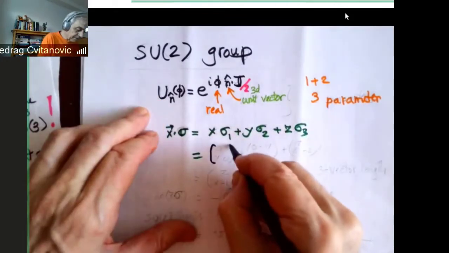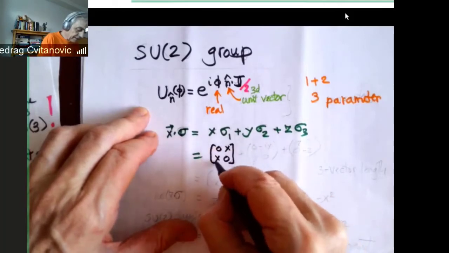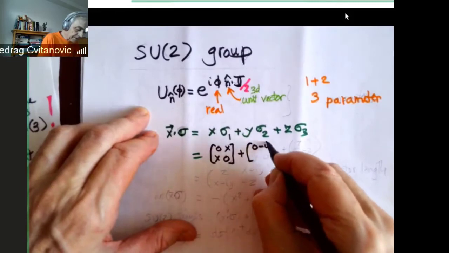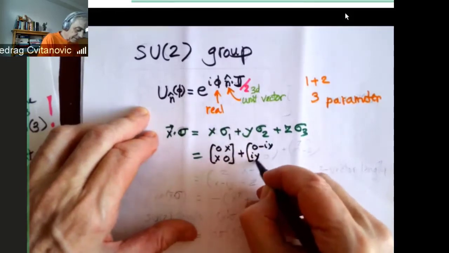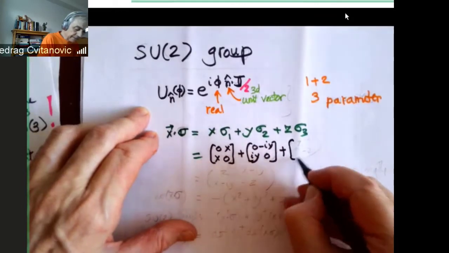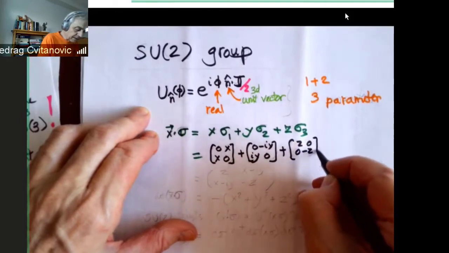If I do it explicitly, this is a matrix that has x's off diagonal, y's as the complex parts, imaginary parts, and z in a traceless combination on the diagonal.